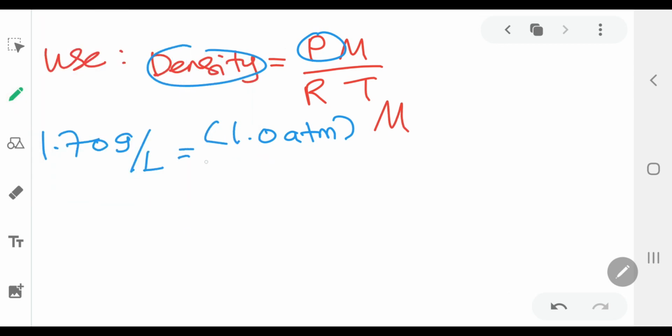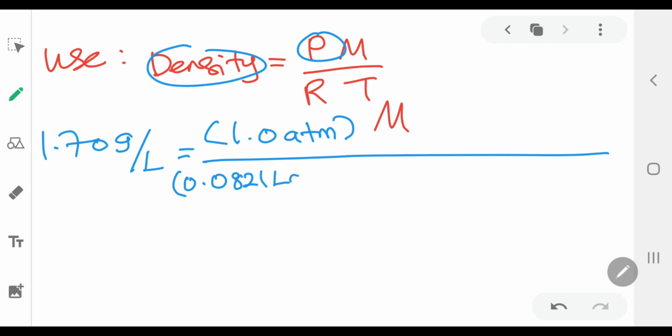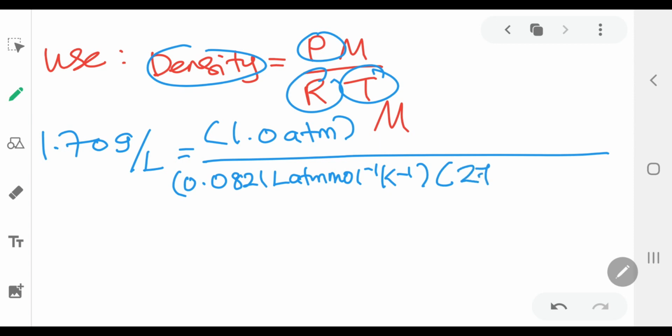And then R is about 0.0821, and that is your R. And then your T, just now the temperature, that is 273.15 Kelvin.